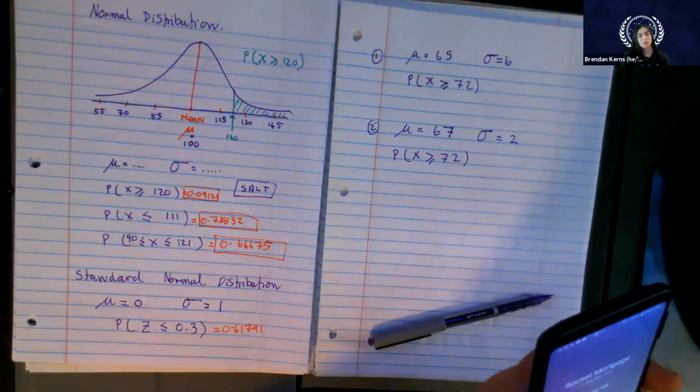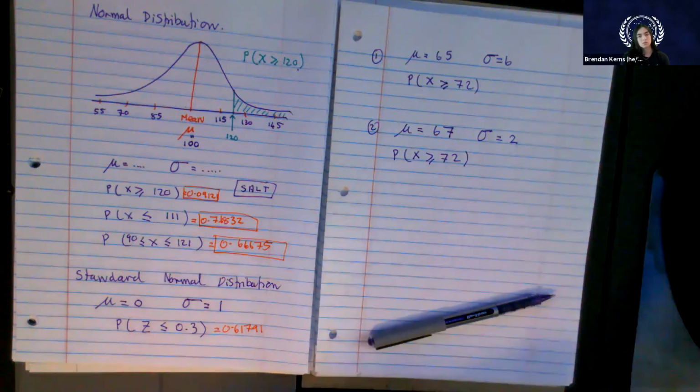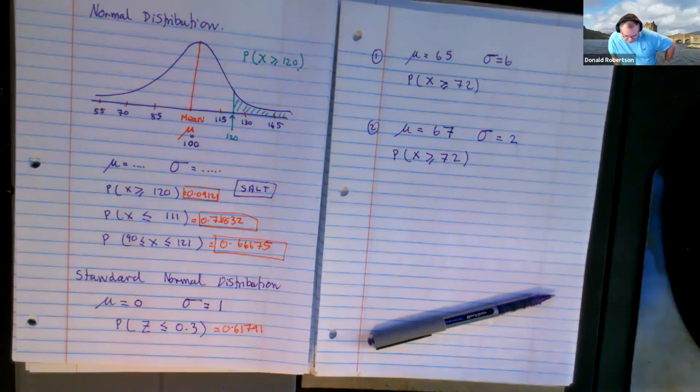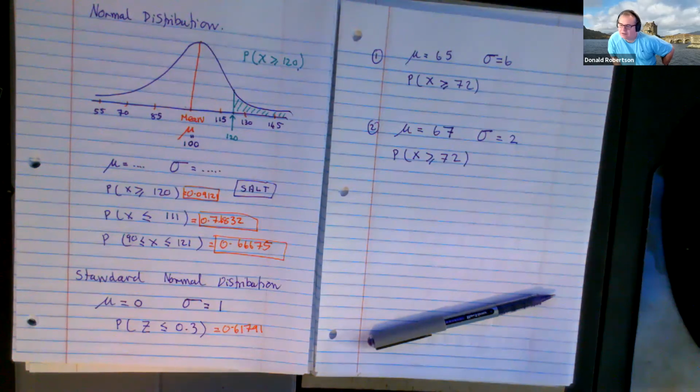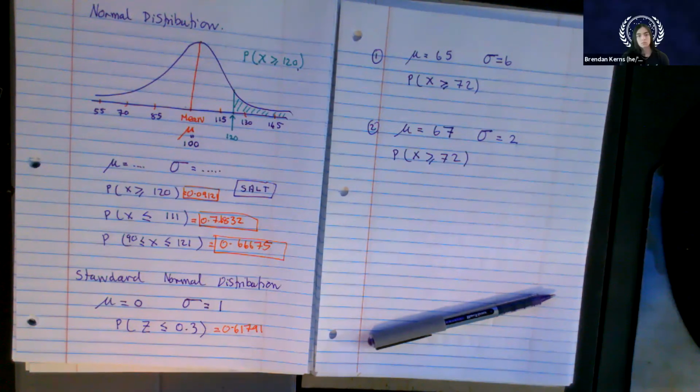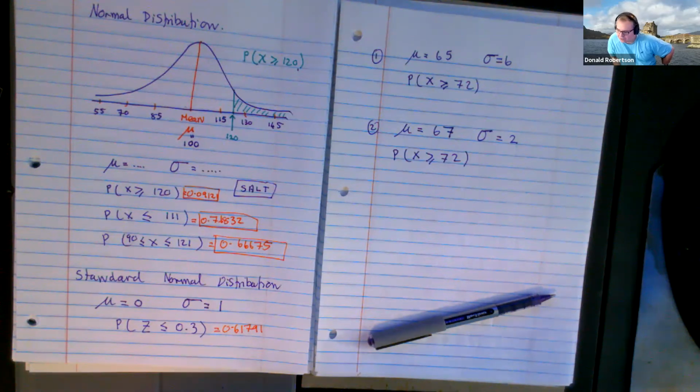Probably country 1. Okay. Any particular reason? Does it just feel like it might be? Because the standard deviation is bigger. Ah, I like your thinking. And so when a standard deviation is bigger, doesn't that allow a lot more variation?